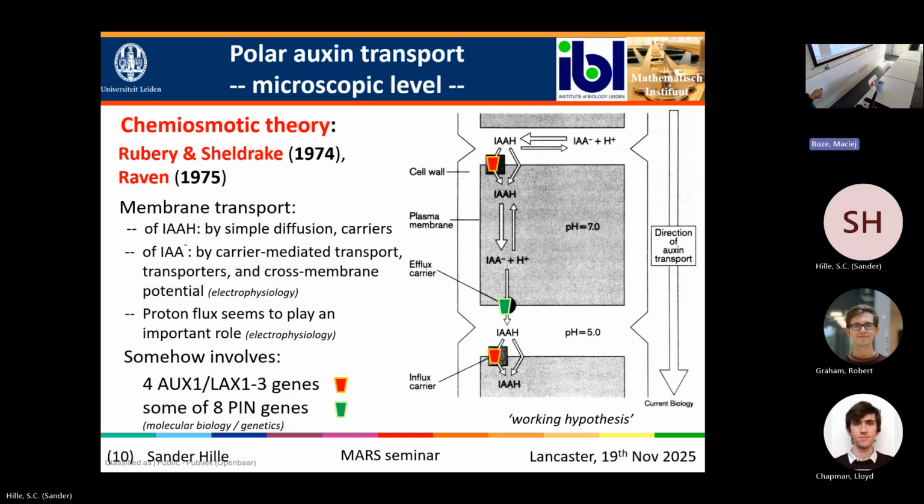On the other end of the cell, there are the green ones, and these are from a family of PIN genes, famous for being recognized as auxin transporters, and they pump out the anion form. When you look at how they are distributed around the cell, the red ones, the pumps into the cell, are more or less homogeneously distributed around the cell, and the PIN ones are located at the bottom line, so from top to bottom, pumping the auxin down. That is the polar direction.